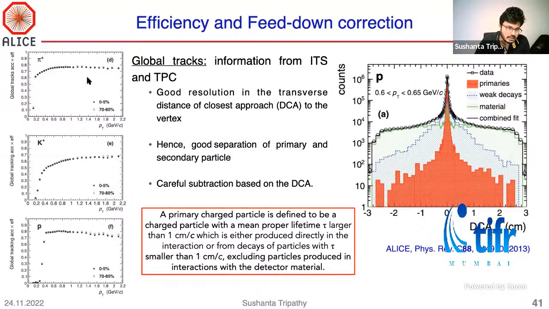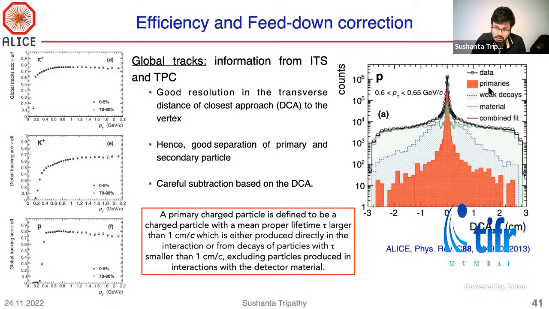On the left-hand side, we show the global track acceptance times efficiency as a function of pT for different centrality classes for pi, K, and p. The right-hand side plot is the DCAxy distribution. Here you can see the data as open circles, and the contributions coming from weak decays, material, and primaries.